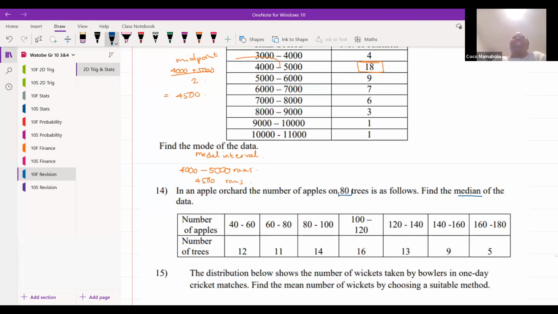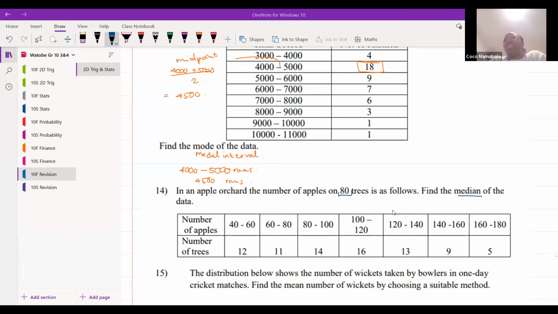Let's do this rather, Anotida. If we know that there are 80 trees, where would the median fall? At which tree? If we have 80 trees, what would the middle tree be? Where would the middle tree be? Somewhere around 40 to 60 maybe.